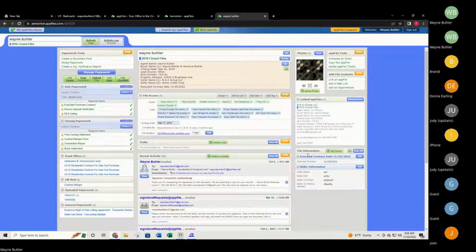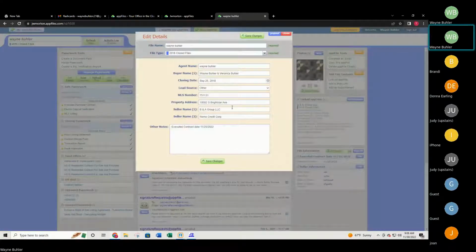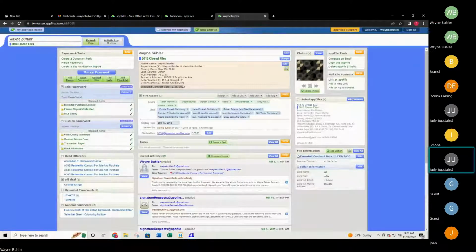Right, okay, I see it now in the file information. Yep. So we put it down here when we did the add section right there. And if you ever want to change the notes section here, we put it here as well, and that's by clicking this blue edit button right here. Yeah, that one I got. The other one was a new thing for me. Okay, thank you. That is very helpful.